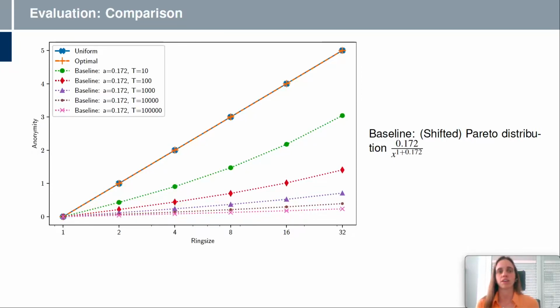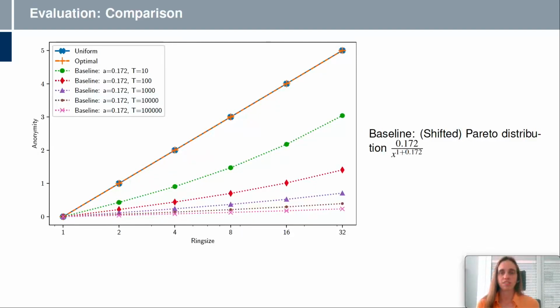And we have our uniform distribution for the spenders, which of course are optimal. And then we use a baseline distribution for different universe sizes T. And we see that with increasing universe size, the anonymity even gets worse. And what do we mean by baseline distribution?